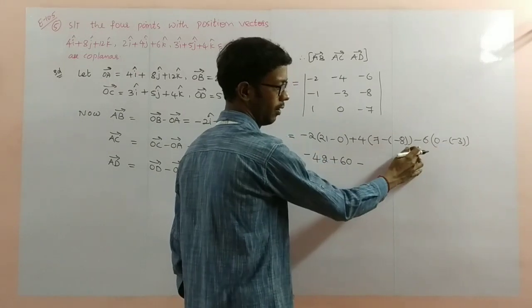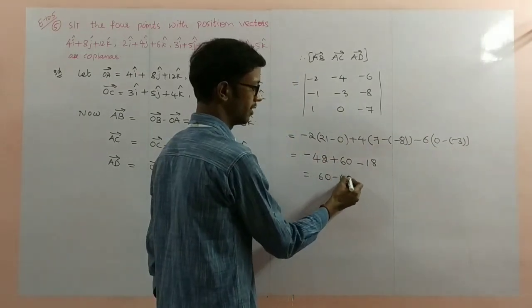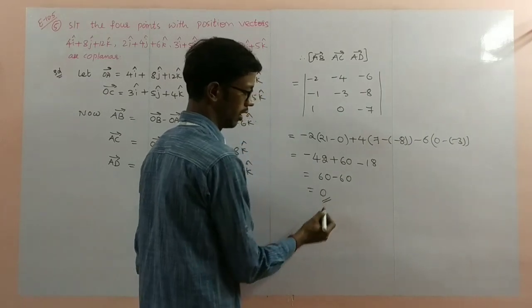Then -6 into (0 minus of -3), that is -18. So total 60 minus 60 is equal to 0.